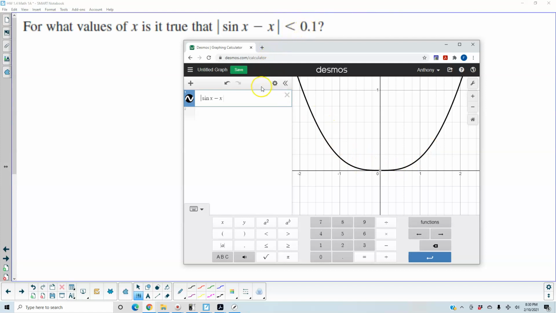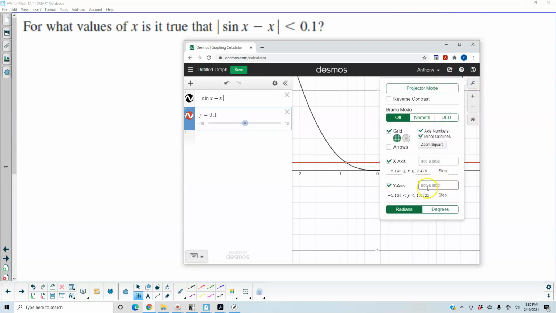Okay, now we want to graph y is equal to 0.1, because that's going to give us a horizontal line at 0.1. Well, we can see that it's a little further down here. So what we want to do is maybe change the window for the y value to be a little bit above this 0.1.